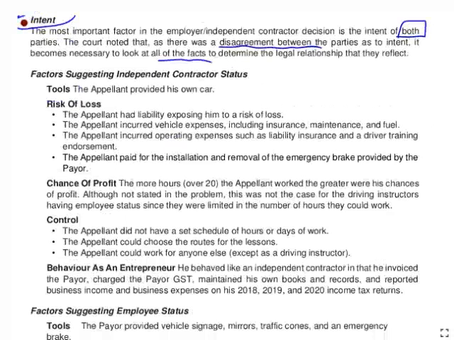So all of those things were costs that in theory could potentially create a loss. So far, if we look at tools, let me scribble down here, I would say as far as the tools, that is leaning towards self-employed. As far as the risk of loss, it looks like that's leaning towards self-employed. I mean, maybe there's not, he'd have to just make sure to do enough work. So there is some risk there. It might not be a high risk, but there's some.